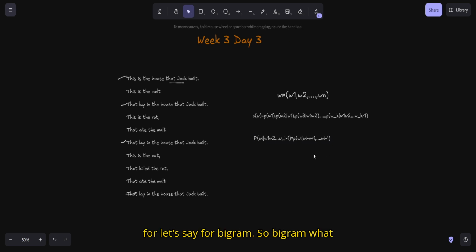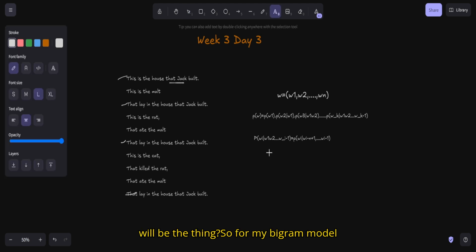For, let's say, a bigram model, it will become P of W equal to P of W1, P of W2 given W1. Now what is P of W3?